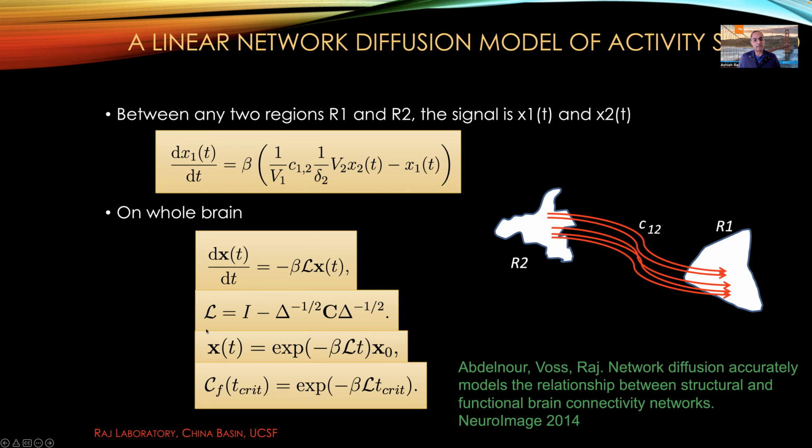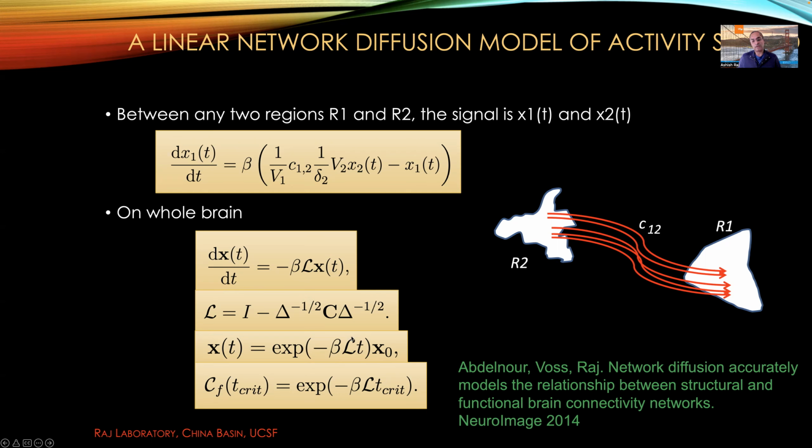And the interesting thing about a network diffusion model like this is that the signal X, it could be functional activity or it could be something else, is given simply as a starting configuration X0 multiplied by a matrix exponentiation of the graph Laplacian. And this we can call the graph kernel or diffusion kernel, and so on.